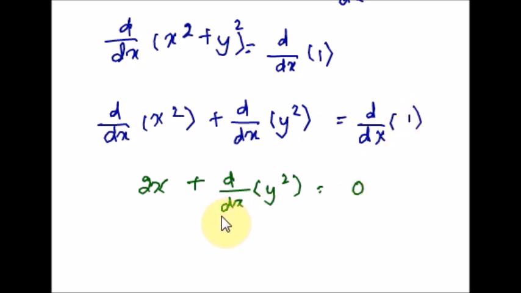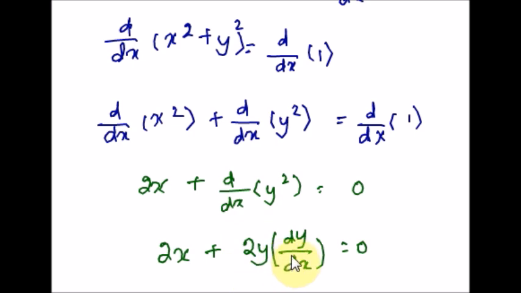Please notice that we cannot differentiate y square with respect to x directly, because this would be written in terms of y. So let's perform the chain rule on this one. d over dx of y square. First, differentiate y square with respect to y and then multiply the result by dy over dx.